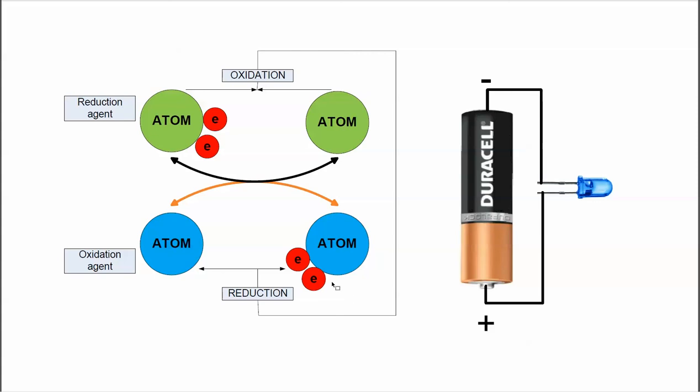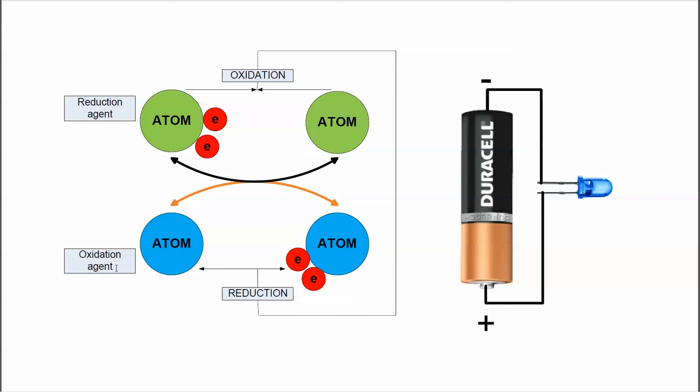And on the other pole of the battery we have the other reaction, a reaction in which some molecule, atom or ion accepts electrons, so these electrons go from here to here. We call it reduction. And these atoms or ions which are accepting electrons, we call oxidation agents.